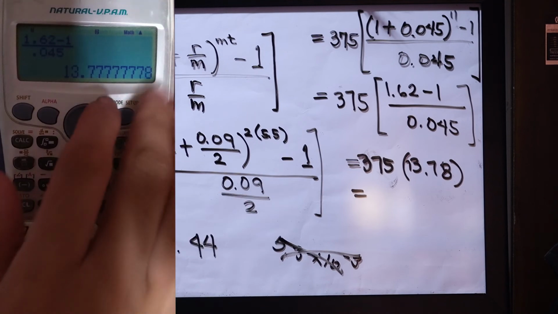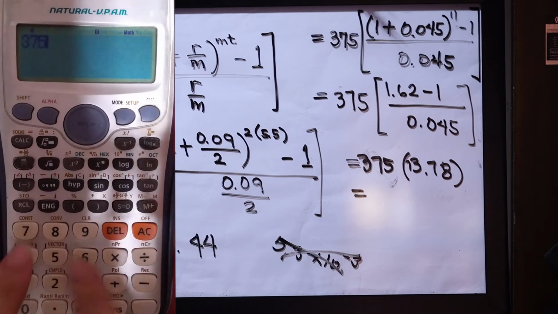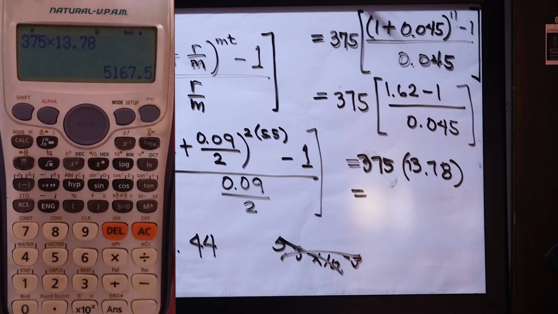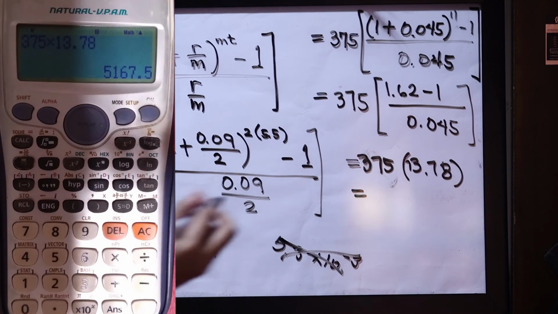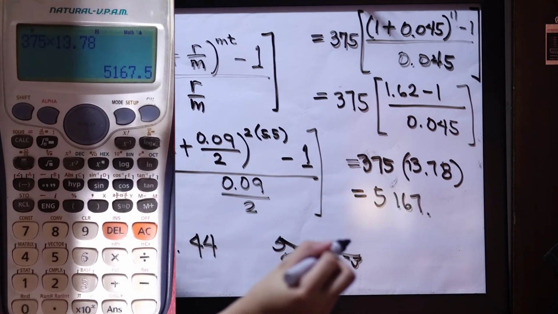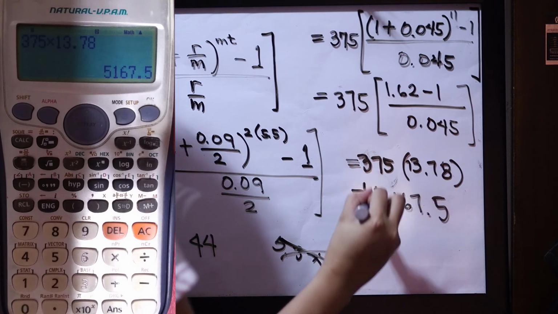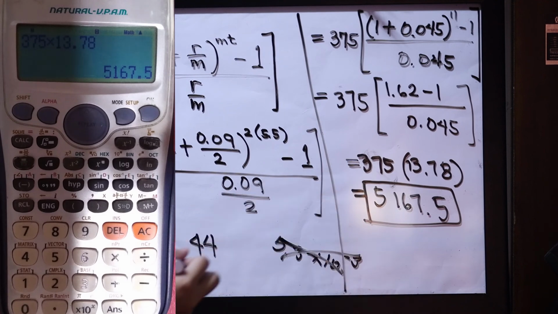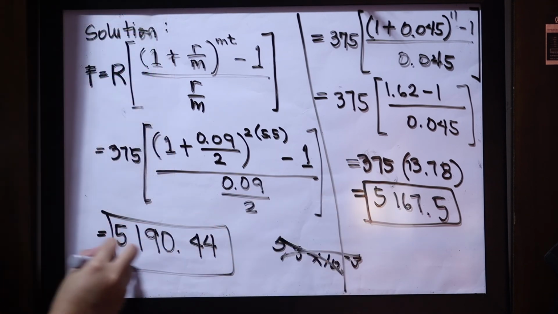So, 375 times 13.78, the answer is 5,167.5. So, ito yung answer pagka step-by-step solution, tapos pagka naman direct, ang answer nyo ay 5,190.44.